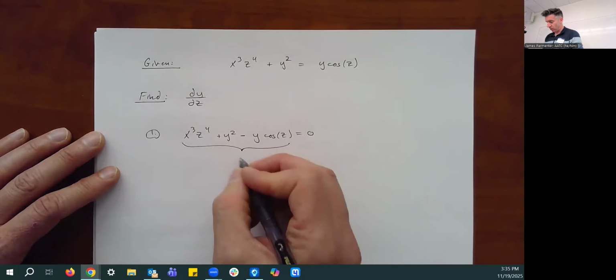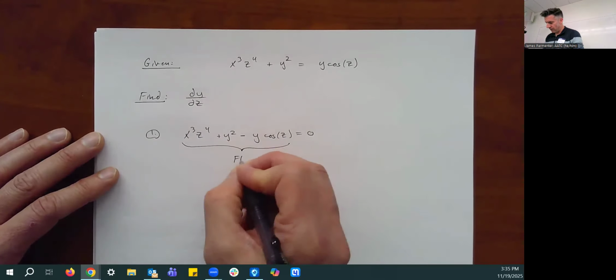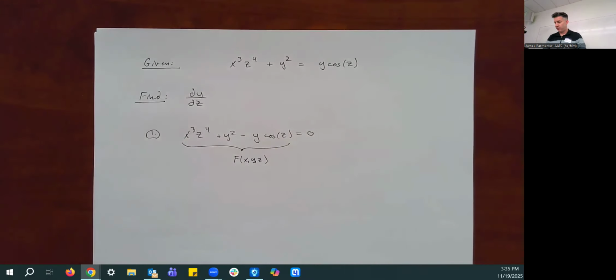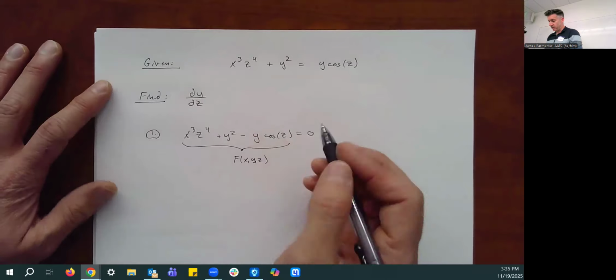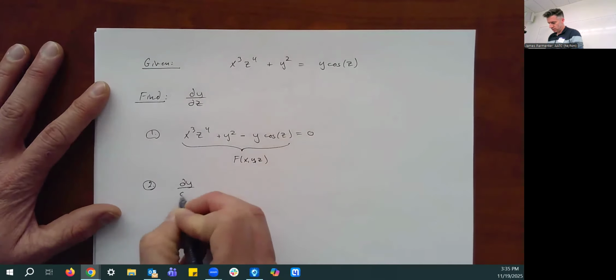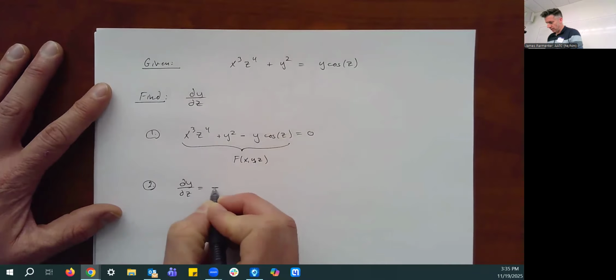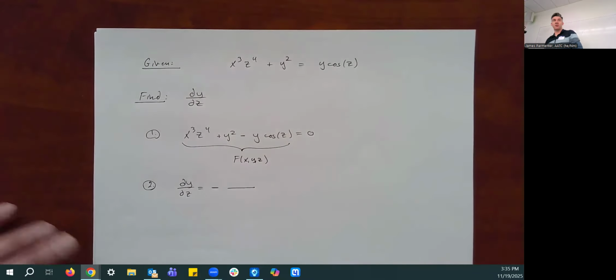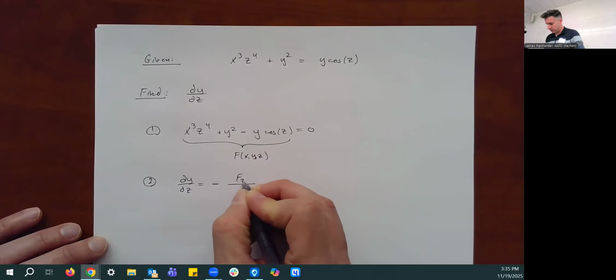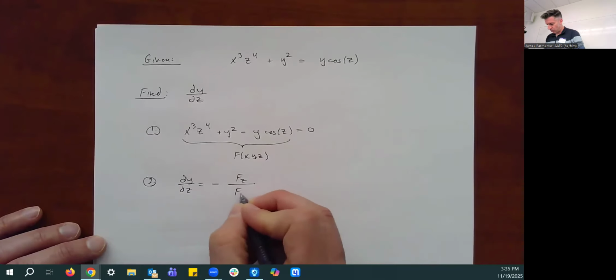And think of this as your f of x, y, z. You don't really need the input, just your capital F. So then your del y del z is going to be the negative of the quotient of partials that are flipped, meaning the partial of f with respect to z on top, the partial of f with respect to y on the bottom.